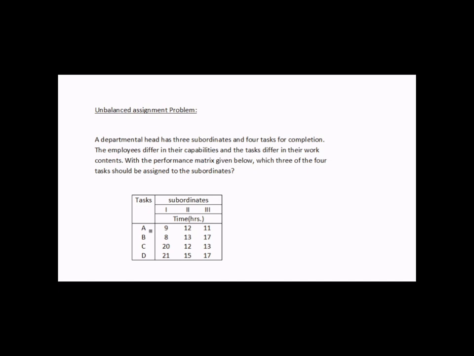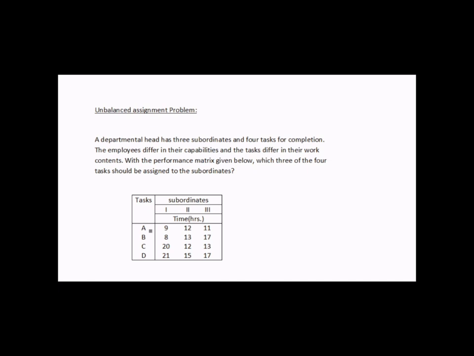So assume that you are a departmental head and you have 3 subordinates and 4 tasks have been given to you that need to be assigned to the 3 subordinates. The question here is that only one task can be assigned to one subordinate.